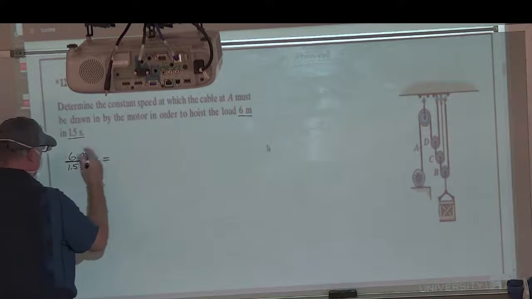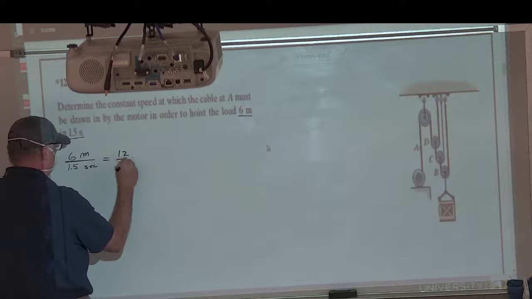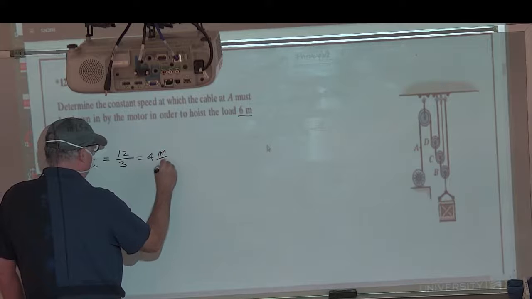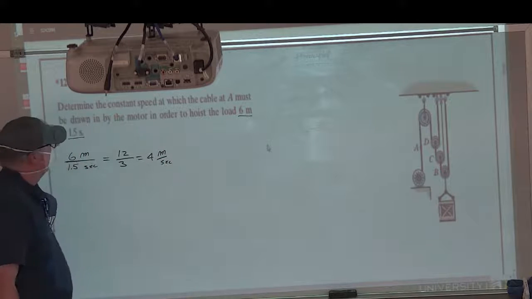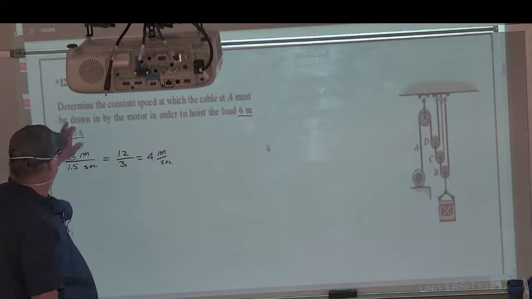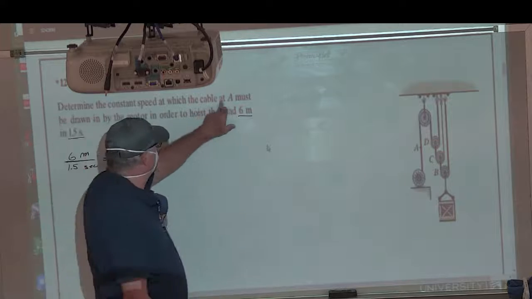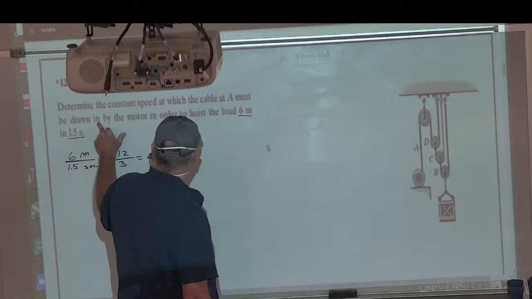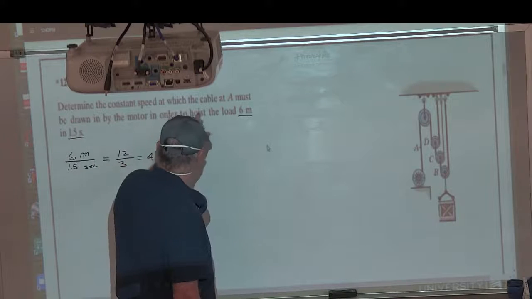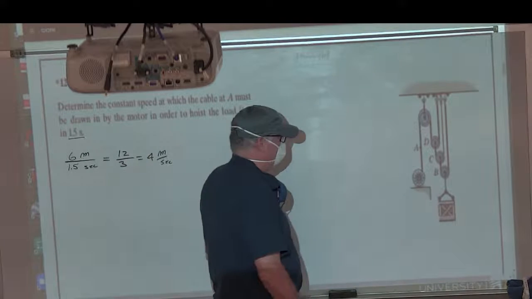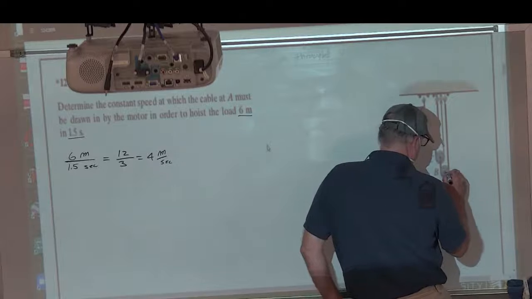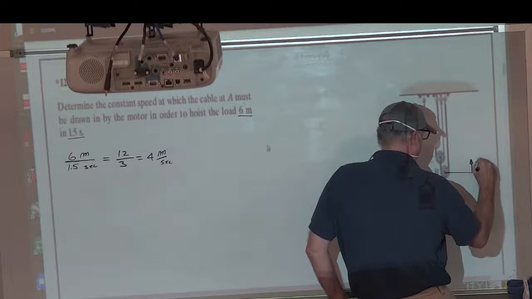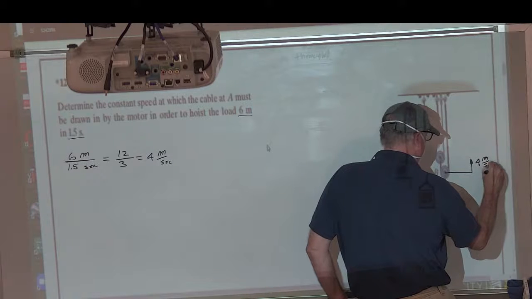We can multiply both by 2, or 4 meters per second. And this is the speed the cable A must be drawn to hoist the load. So that means this point is moving at 4 meters per second.